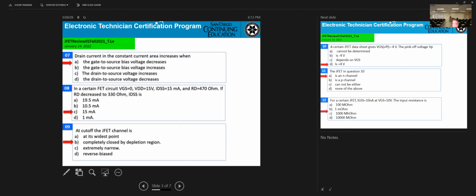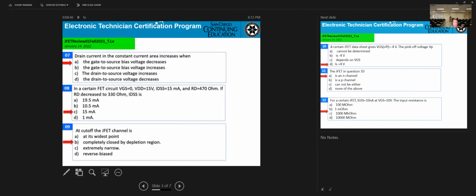Okay, I can tell you. The reason ID equals IDSS is that what they gave you is VGS equals 0. See that? If VGS equals 0, no matter what, ID has to be the same as IDSS. On your y-axis you have where IDSS is, that's saturation, correct?